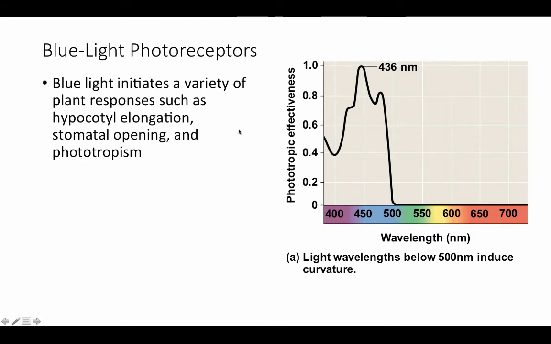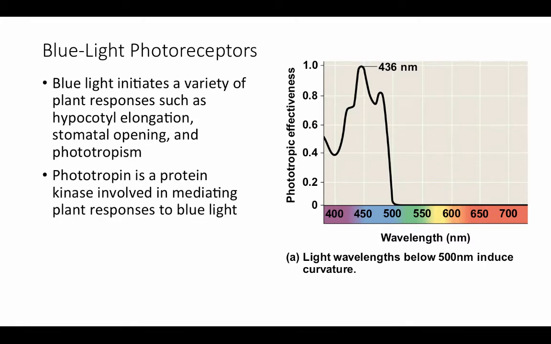Blue light initiates a variety of plant responses such as hypocotyl elongation, stomatal opening, and also phototropism, what we looked at in the last web lecture. Phototropin is a protein kinase involved in mediating plant responses to blue light. Again, we saw this protein kinase in our last class, involved in this phototropic response of the plants bending toward the source of the light.